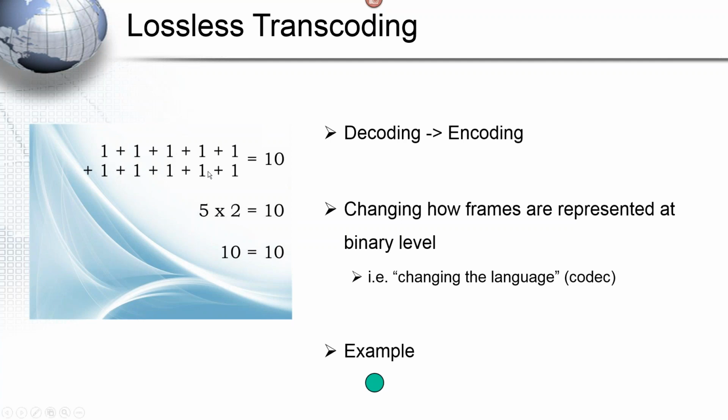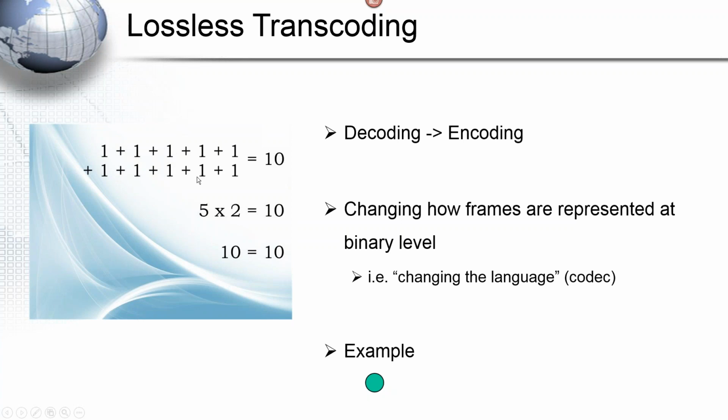So what I'm looking at over here in this image is a very simplified version of this. So imagine we have a file that is the value 1 plus 1 plus 1 plus 1 plus 1 plus 1 plus 1 plus 1 plus 1 plus 1. That file might be large. I mean, it takes a lot of characters to represent that, right? A lot of size to represent this file. But if we were to decode this with a codec that understands the concept of plus, when it decodes 1 plus 1 plus 1, etc., it's going to get a value of 10.